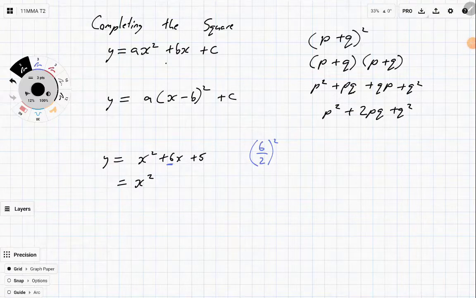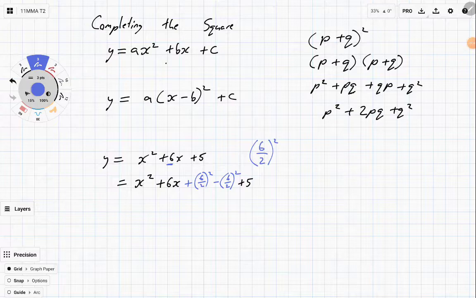x squared plus 6x plus 5. And what am I going to have? I'm going to get plus (6 on 2) squared minus (6 on 2) squared. Notice I haven't changed it, because all I've done is added something and subtracted something, so no foul play.